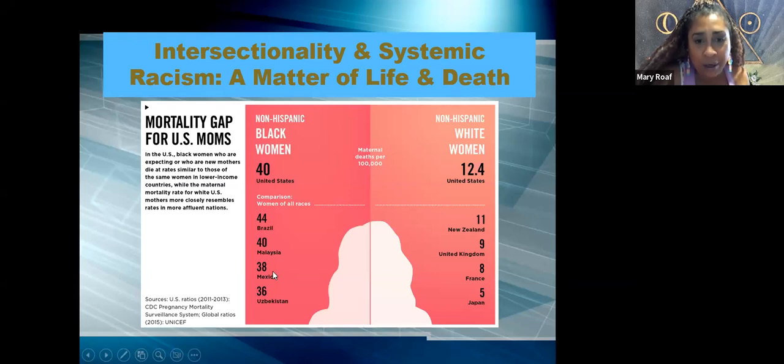variety of countries. And we can see that the maternal mortality rate of Black women is the same as that of women of all racialized backgrounds in Malaysia. And it's actually worse than women of all racialized backgrounds in Mexico, for example. Like this was happening before COVID.